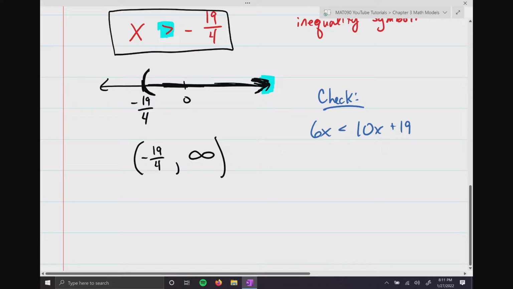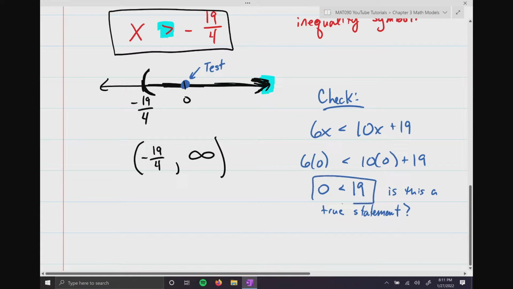As a test value, if I can pick it, I will always pick the number 0 because that's the easiest number to work with algebraically. So I get 6 times 0 is less than 10 times 0 plus 19. On the left-hand side, I get 0. On the right-hand side, 10 times 0 is 0 plus 19 is 19. And then I ask myself this question: is this a true statement?